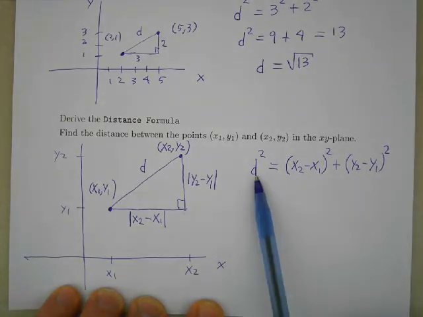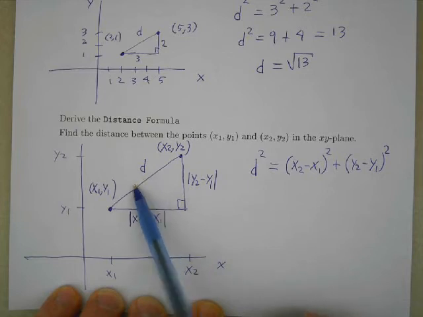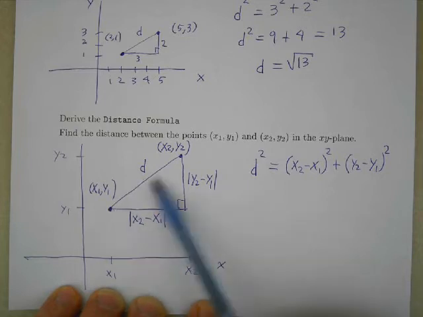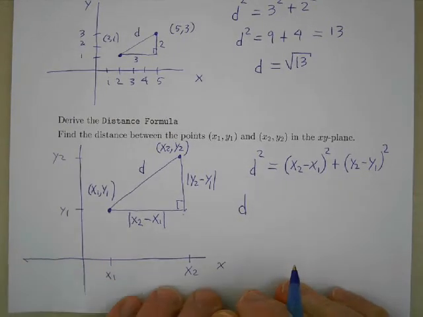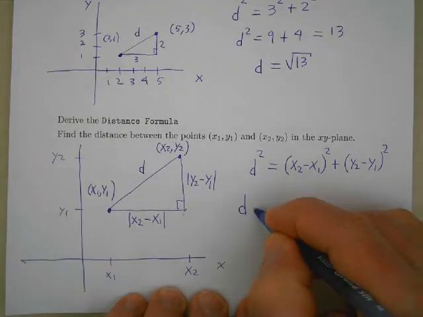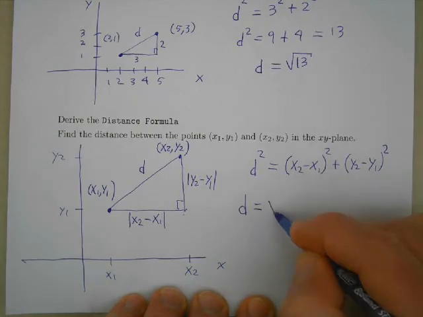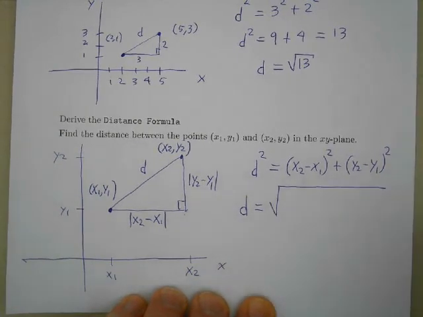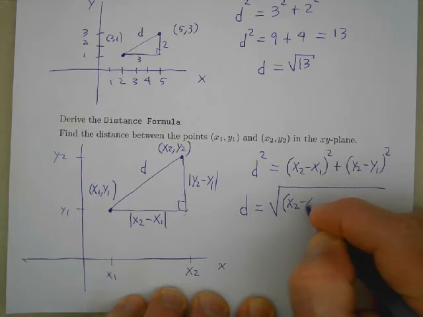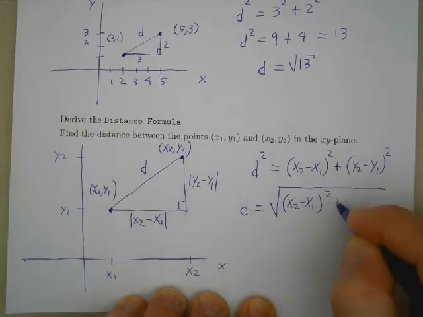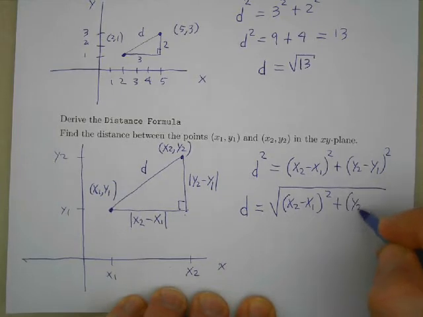And so to find the distance between those points, x1, y1, and x2, y2, we just take the principal square root, or the positive square root of the right-hand side. The distance is the square root of x2 minus x1 squared plus y2 minus y1 squared.